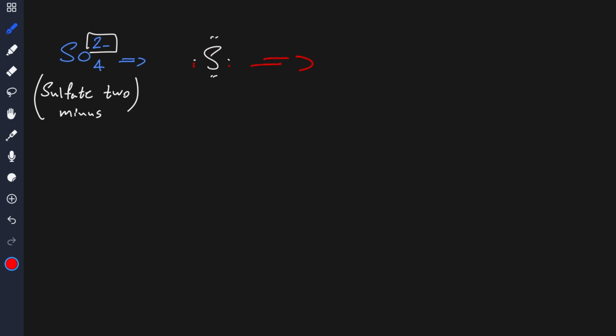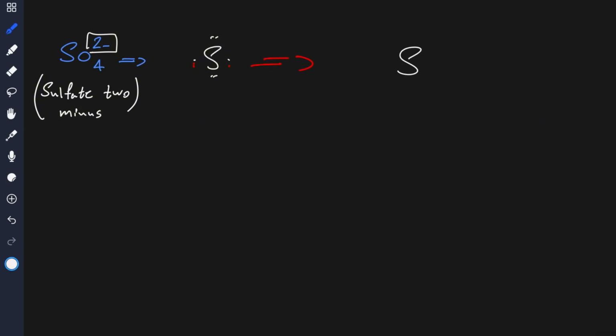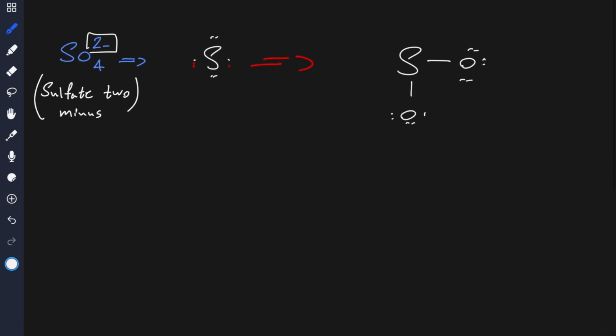So make this form, S 1, this form and this form. Finally a bracket and 2-. Hopefully you enjoyed that.